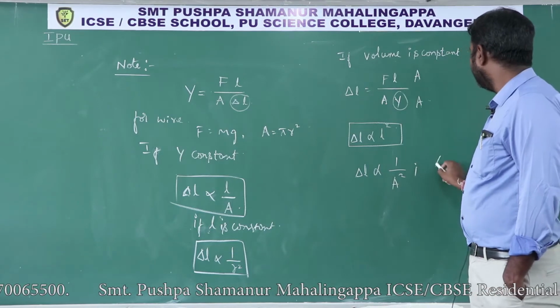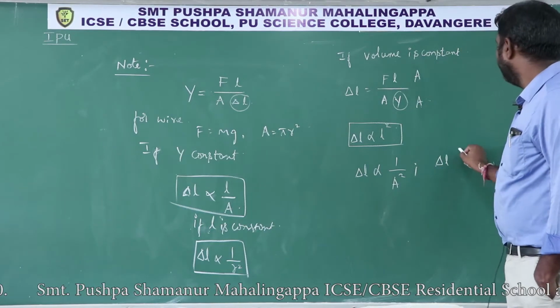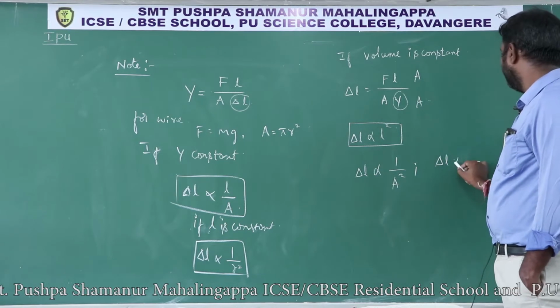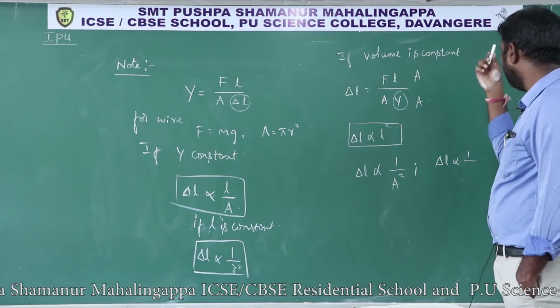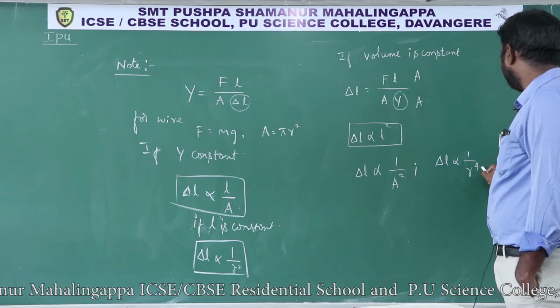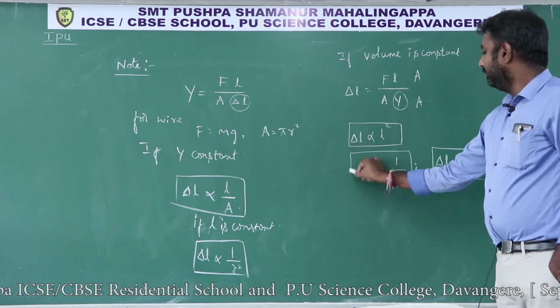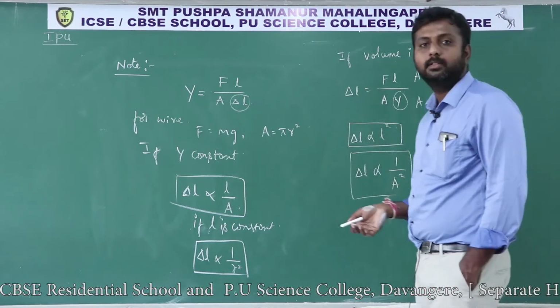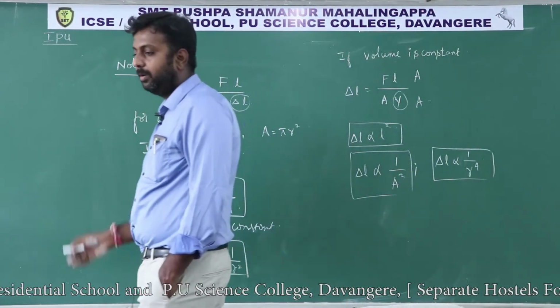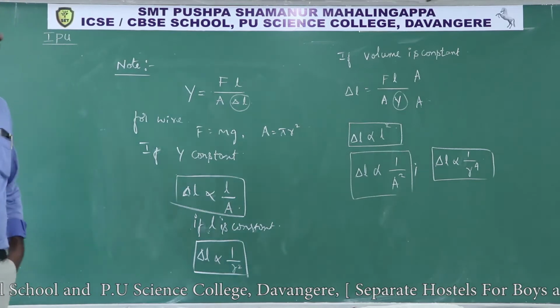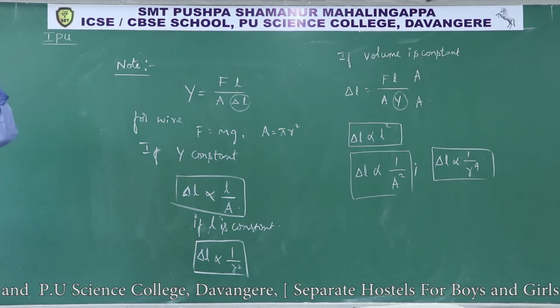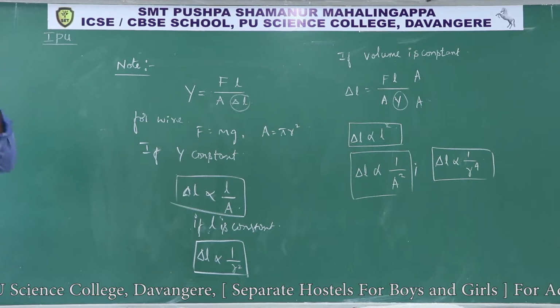A square means the change in length is inversely proportional to area, that is pi r square. Pi r square whole square means it will become pi r to the power 4. So remember these formulas in Young's modulus. It is useful to solve competitive problems.